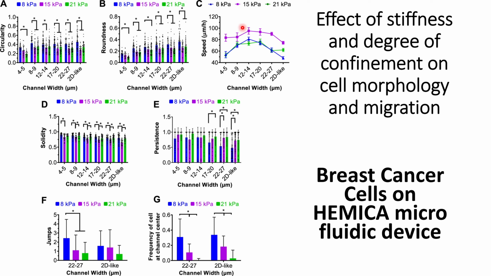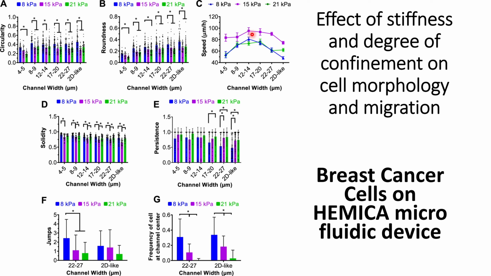However, the speed is highest at 15 kilopascal stiffness of the gel, compared to the other stiffness studied, that is 8 kilopascal and 21 kilopascal. After it reaches its peak at 15 micrometer width, we can see a decrease in the speed.